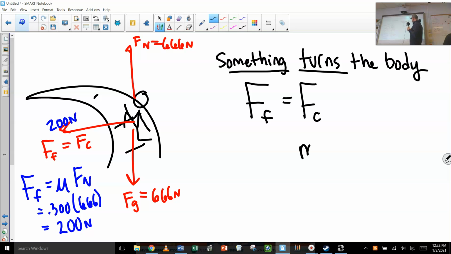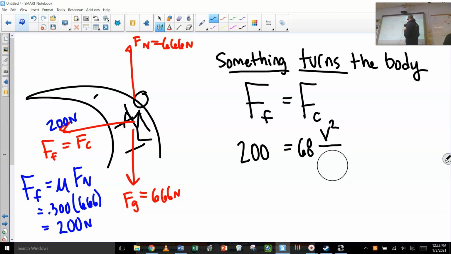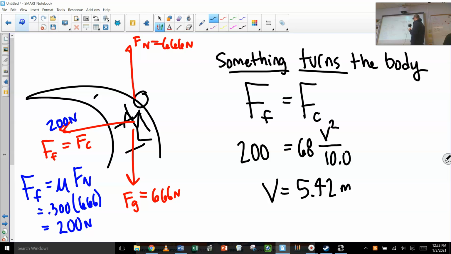The centripetal force is mass times your velocity squared over your radius. We already found friction. It's 200 newtons. We know the mass from the problem is 68. And we know the radius of this corner, and they tell you already that it's 10 meters. So you take 200, divide by 68, multiply by 10, and take the square root, and you'll find that the fastest speed you can take this is 5.42 meters per second.